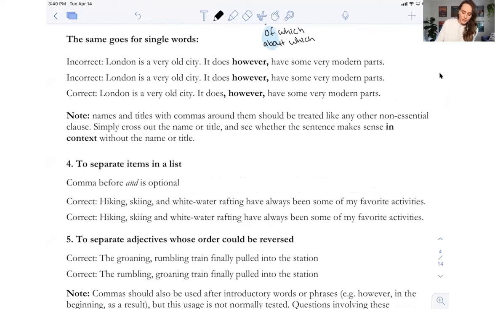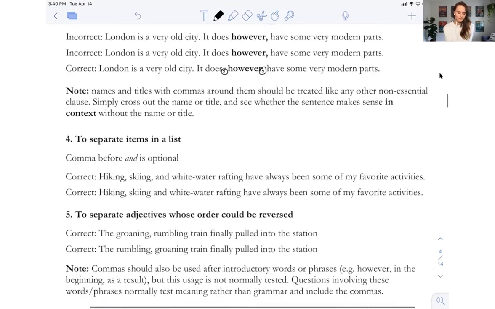So we could also set off that transition word with a pair of commas and make it non-essential, and we can read it without that information and see if it still makes sense. So it does have some very modern parts. That's still a complete sentence. So we don't necessarily need that, however, but it does change the meaning of what we're trying to say.